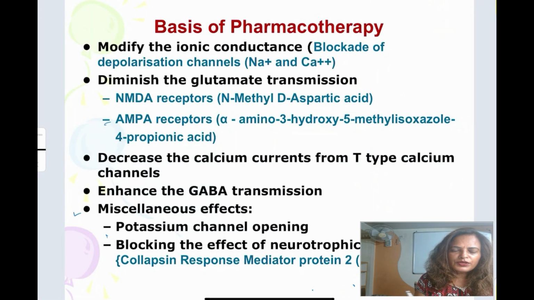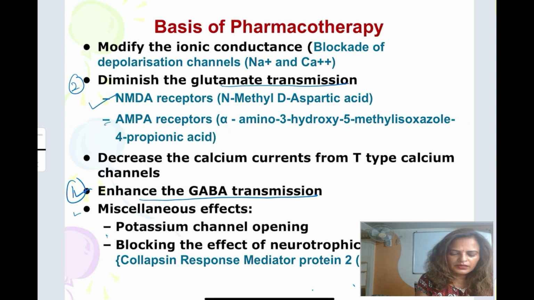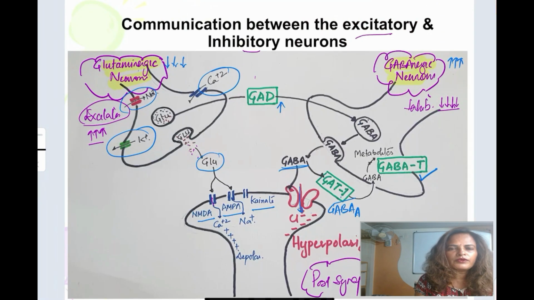So they are going to enhance GABA transmission, as I have told you. They are going to diminish glutamate transmission by acting on the NMDA receptor and AMPA receptor. Then they are going to decrease glutamate transmission by blocking the sodium and calcium channels, so they are going to inhibit depolarization.